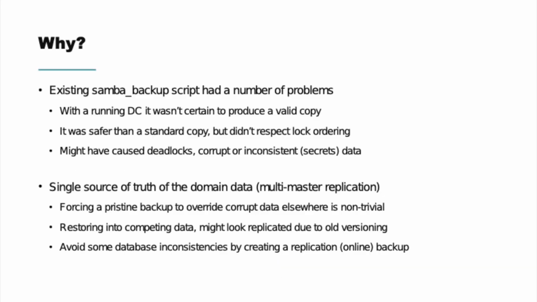So why did we actually implement it? The existing Samba backup scripts had a bunch of problems. With a running DC, it wasn't actually safe. It was safer than some other things, but it wasn't that great.